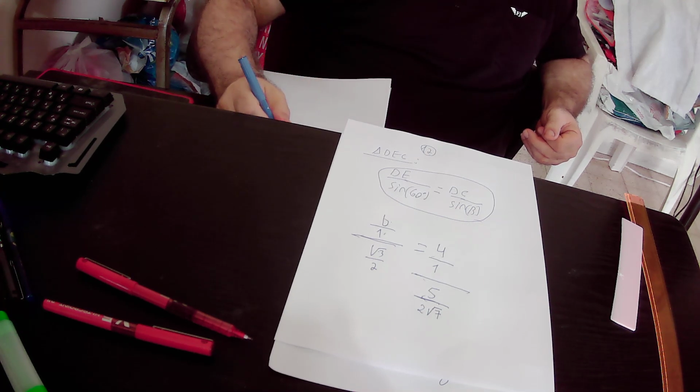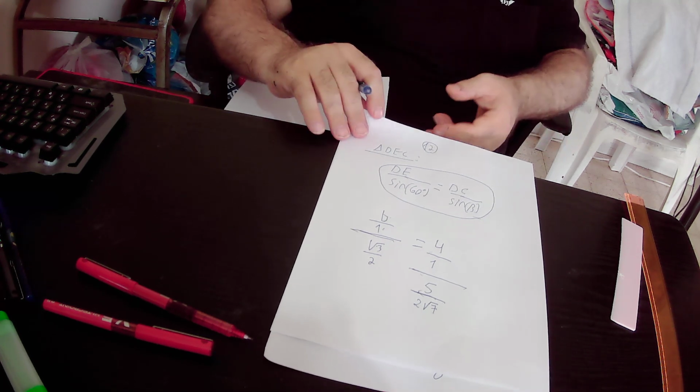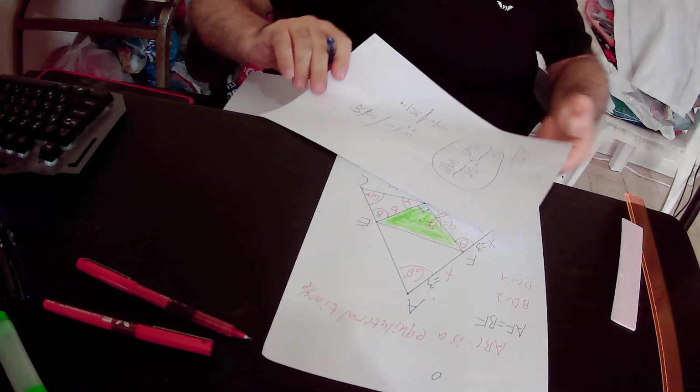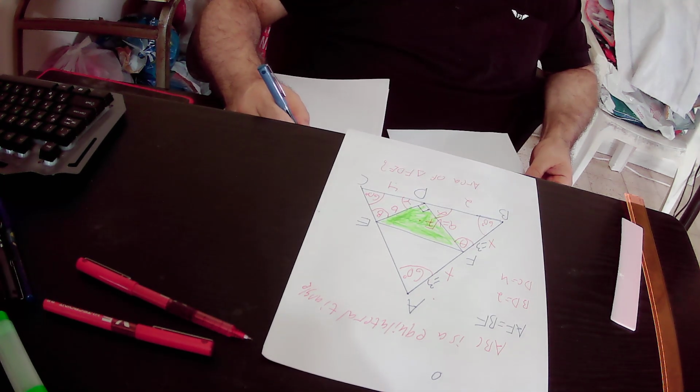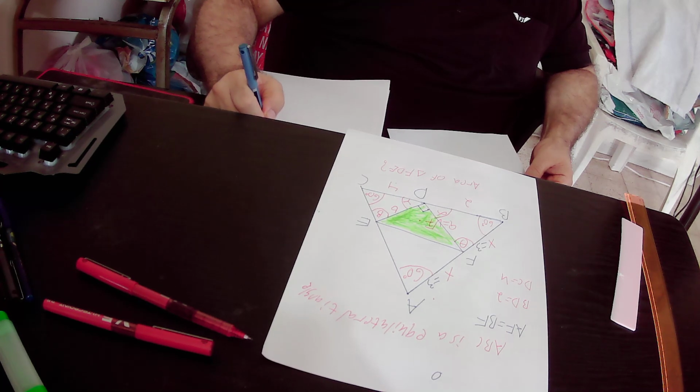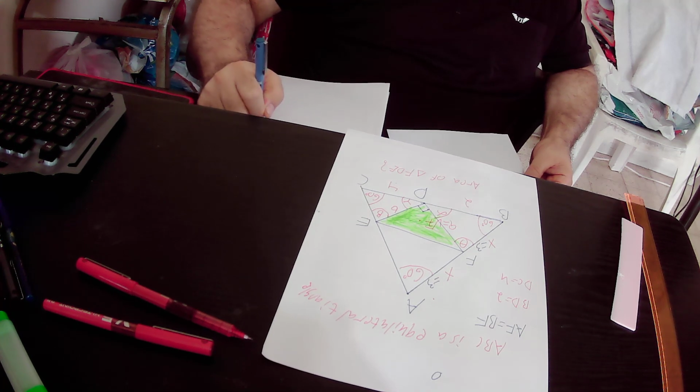Okay, so we'll get that two times b over root 3 equals 4 times 2 times root 7 over 5.